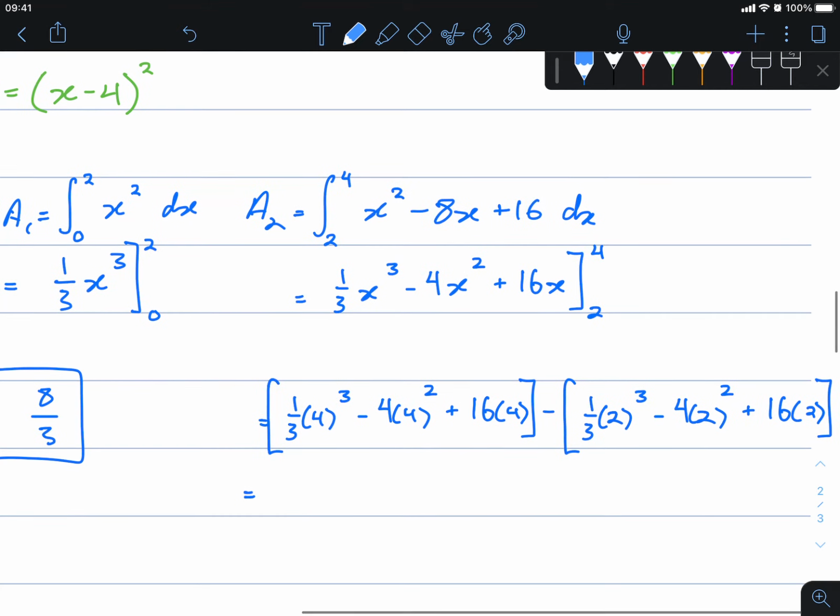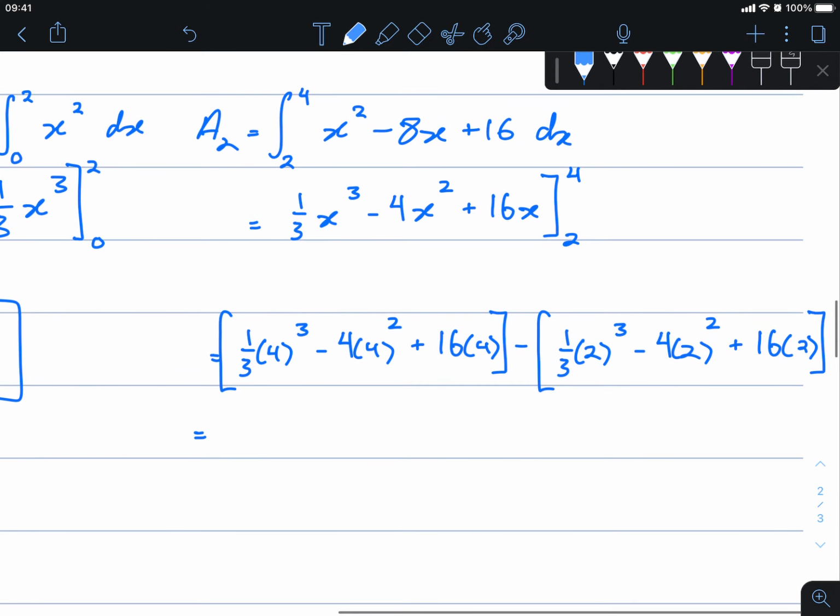So I'm going to use my physical calculator since it's a lot faster than writing. So 1/3 bracket 4 to the power of 3 minus 4 bracket 4 squared plus 16 bracket 4.